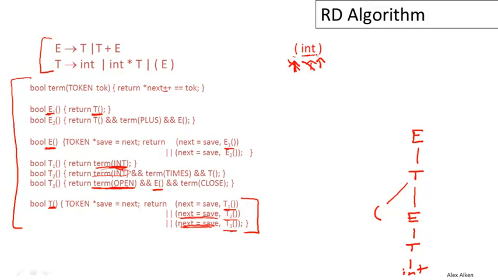And now we return through all these levels of calls. T1 succeeds, which means that T succeeds, which means that E succeeds. And now we're back here in the production for T3, and we're going to ask, well, is the next thing that we see in the input a closed paren? And indeed it is. And so a closed paren will be recorded.